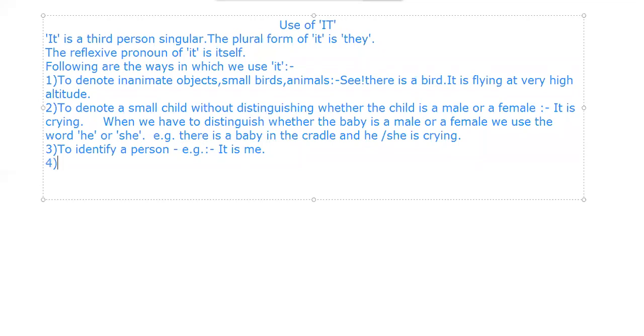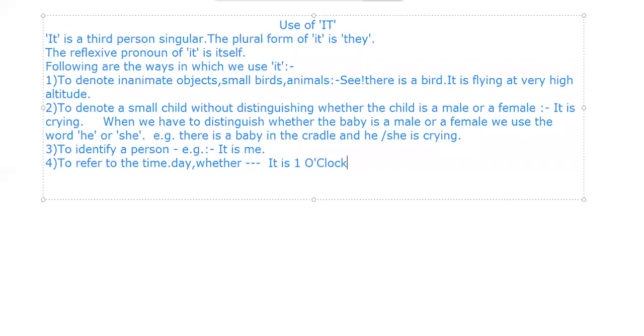Next, to refer to the time, day, weather. To refer to the time, day or weather. So I say it is 1 o'clock.